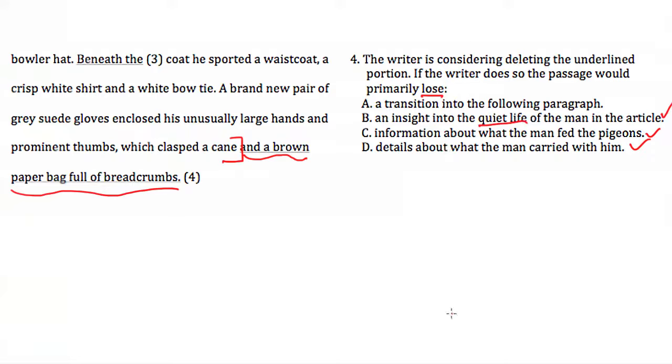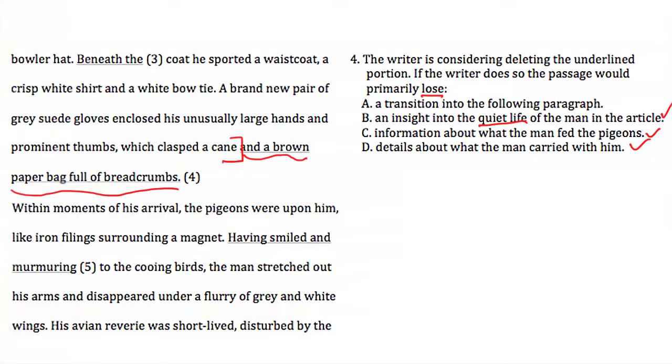And is this a transition into the following paragraph? Well, if we look at the next paragraph, it starts talking about him feeding pigeons. The previous paragraph was just how he was dressed. So really the previous paragraph had nothing to do with feeding pigeons. It just tells us that he was dressed up and then ends with that he's carrying a cane and a brown bag full of breadcrumbs.